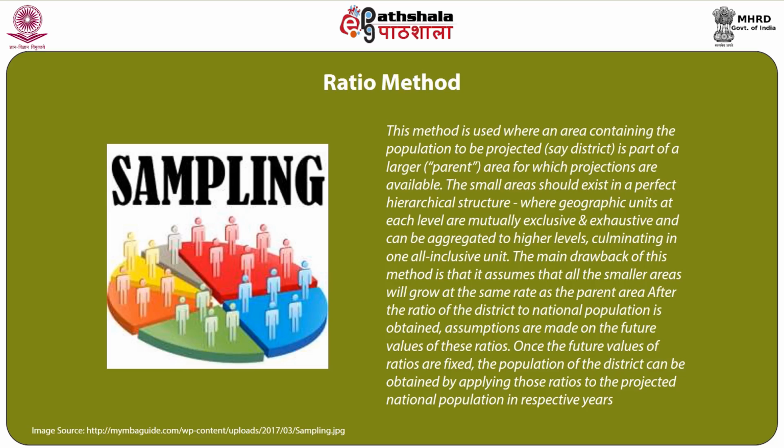After the ratio of the district to national population is obtained, assumptions are made on the future values of these ratios. Once the future values of ratios are fixed, the population of the district can be obtained by applying those ratios to the projected national population in respective years.